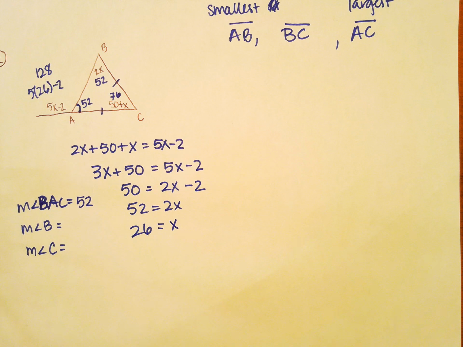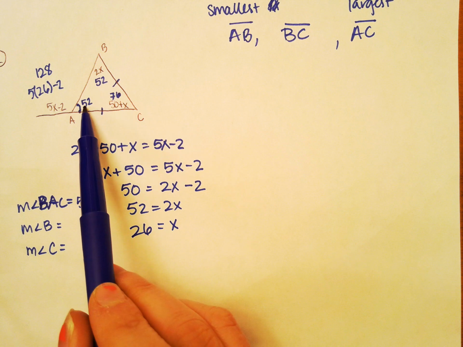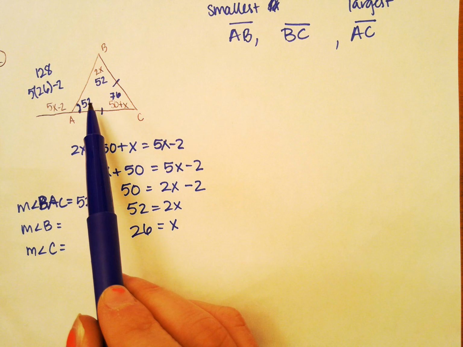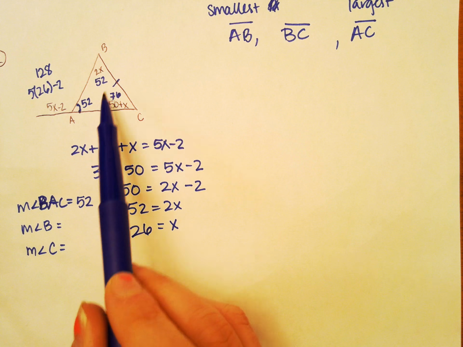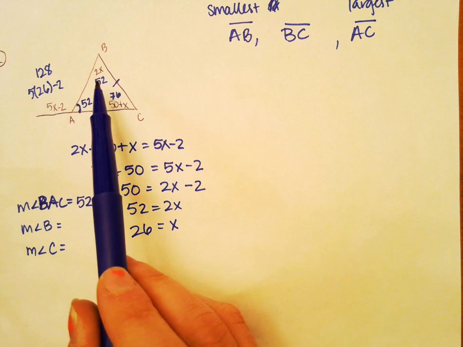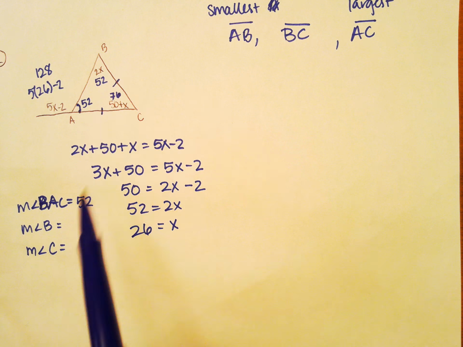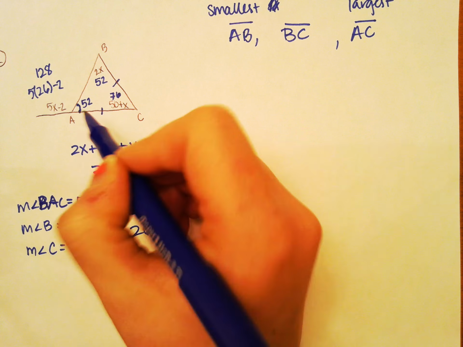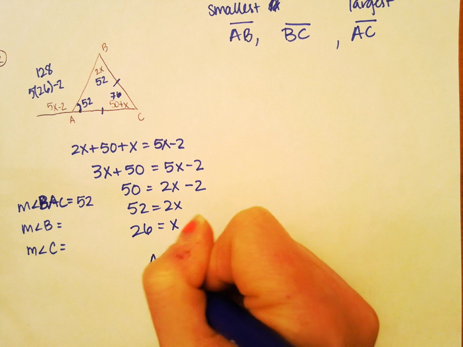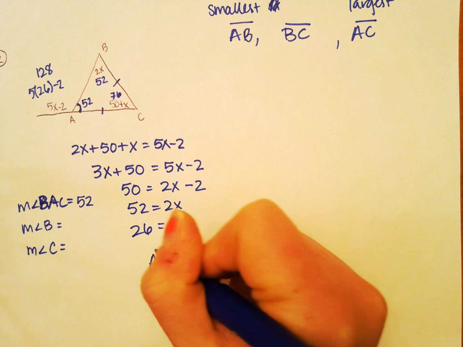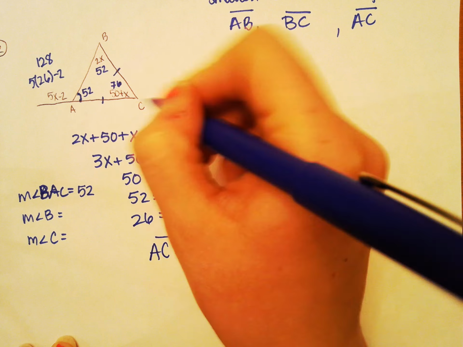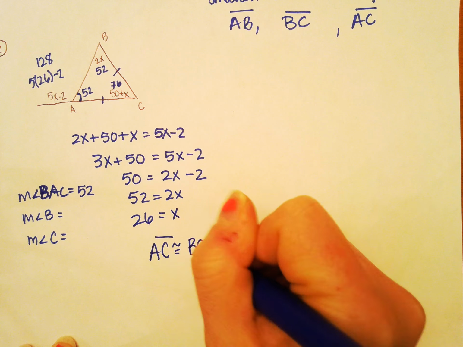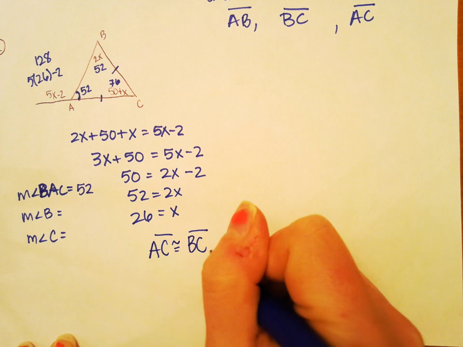Like I can't have, if this angle is equal to that one, any way for this side length to be bigger than that side length, because that angle would have to be bigger than this angle, which it's not. They're equal. So that means that AC is going to be congruent to BC, and those would be my smallest ones.